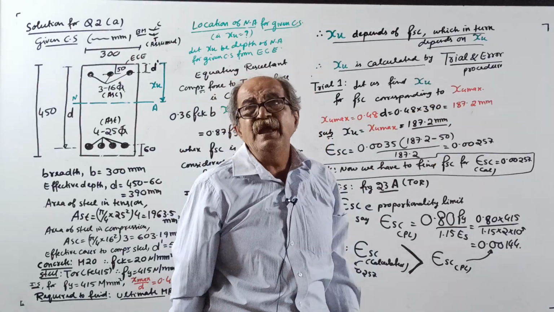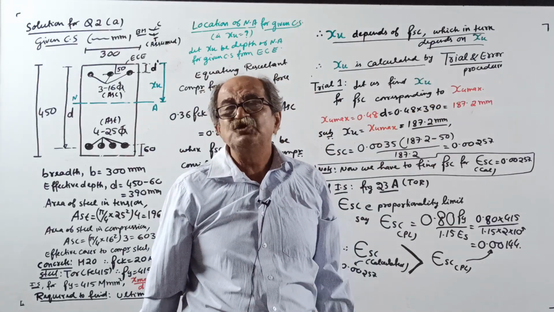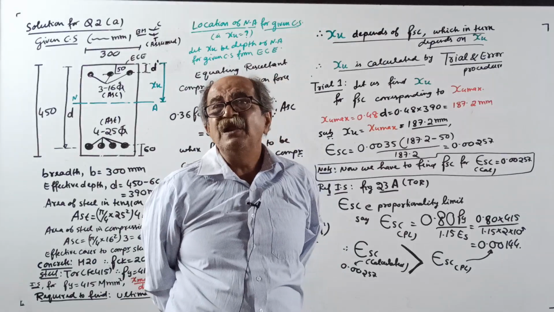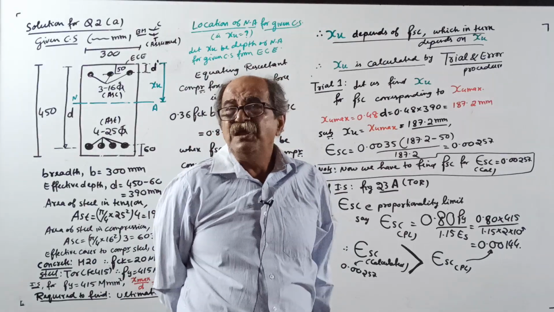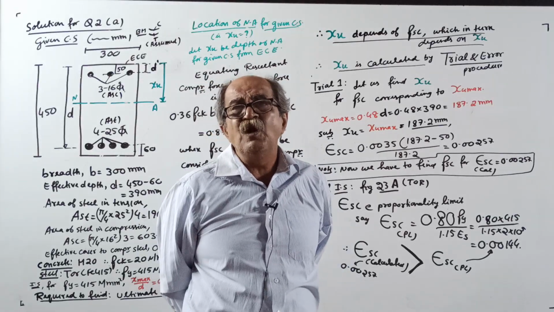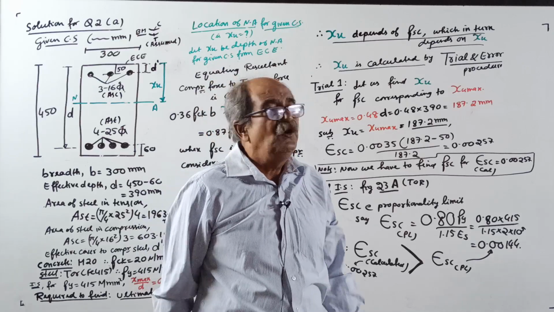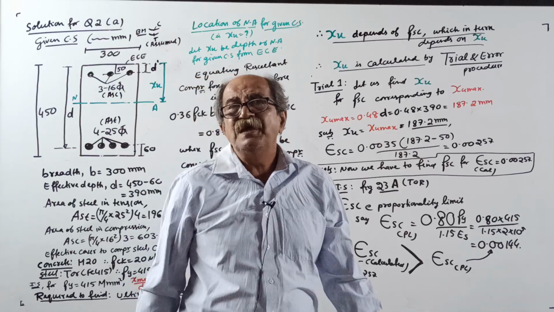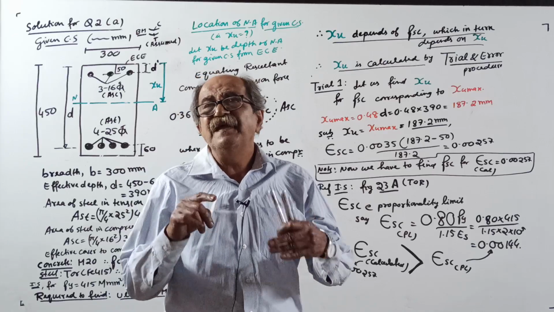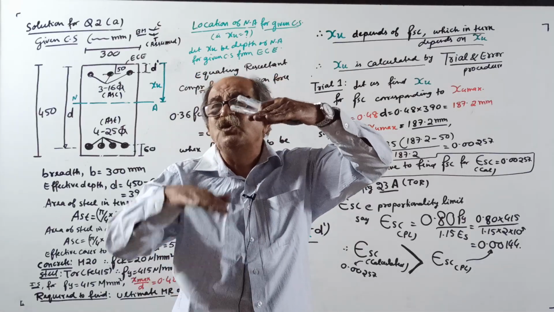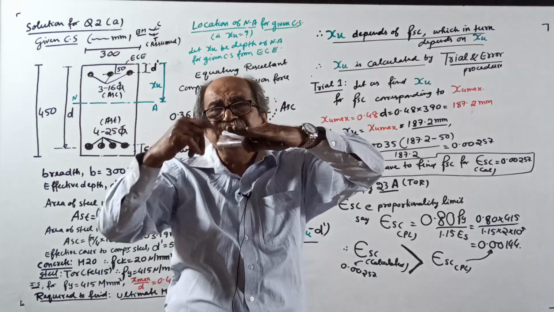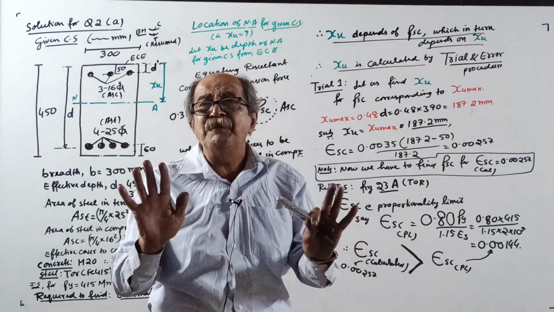Because I told, anyway, xu cannot come more than xu max. Or you can tell, not cannot come, it can come, but even if it comes, we cannot consider more than xu max. Finally, what happens? Your xu to be considered is either xu max or lesser. So start from there. If lesser comes, we will take it later. We will see what happens now.